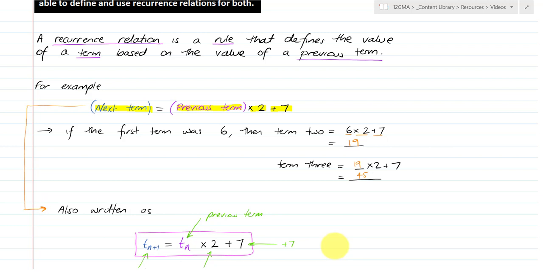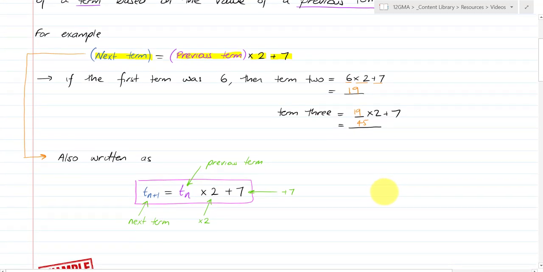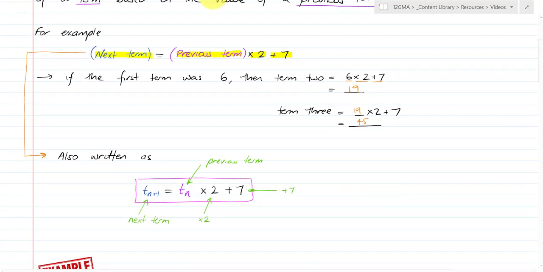It links two consecutive terms and tells you the value of the next term based on the value of the previous term. It can also be written, and this is a common notation, as Tn plus 1 is equal to Tn times 2 plus 7. So we've got the same rule occurring here: next term equals previous term times 2 plus 7, but it's just written mathematically.